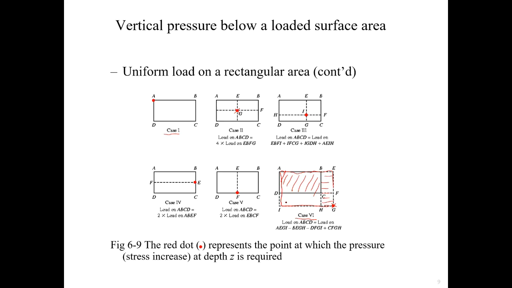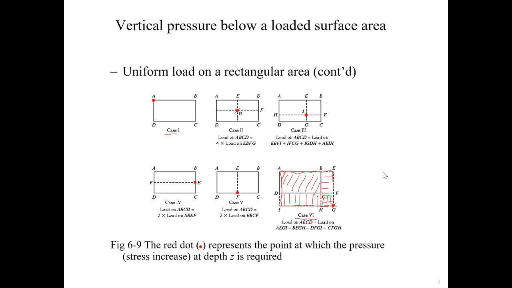But this one, we over-accounted as well, so we have to minus the stress increase for this rectangular loading area. But we over-minus this small area, so we have to plus the stress increase for this small rectangle, CF and GH. That's how we construct the rectangles and do the calculation.